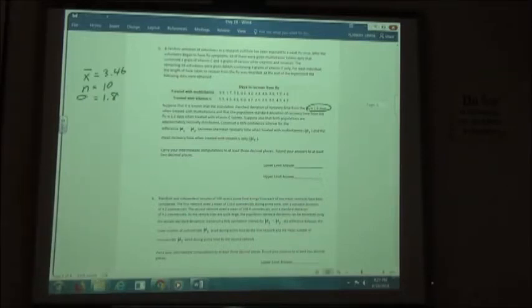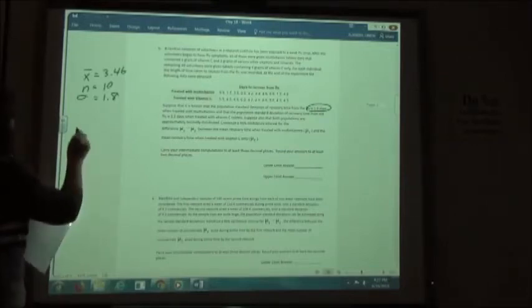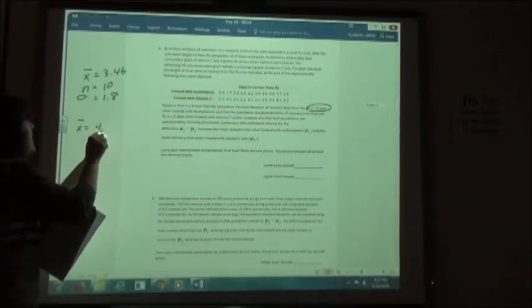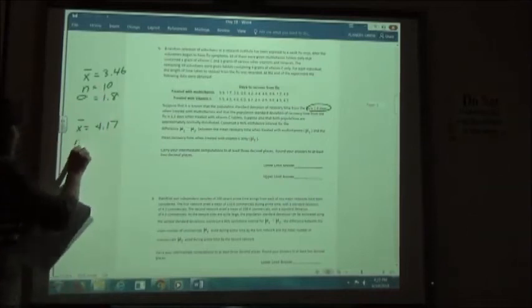On the second one, same thing. If I just hit my stat button again and go to calculate, one variable statistic, but change it to list 2 instead of list 1. So you do shift 2 to get list 2 in there. Again, if we calculate that, my mean, my x bar value is going to be that top number, the 4.17. The n again is 10, it says.